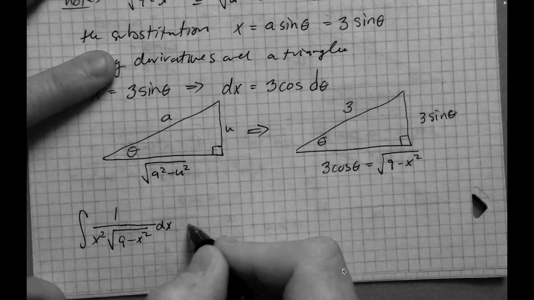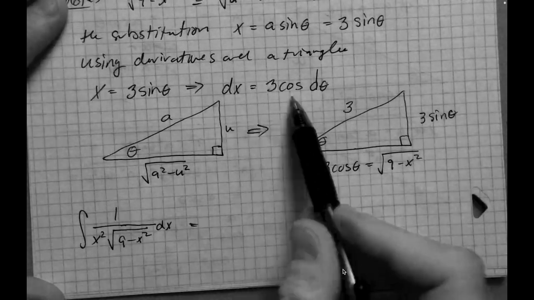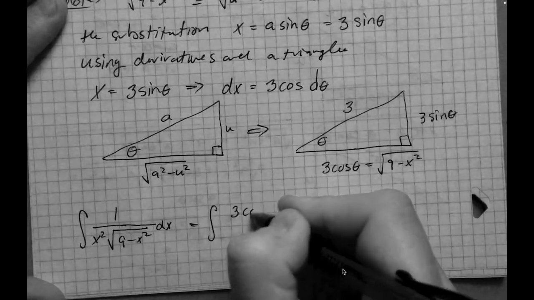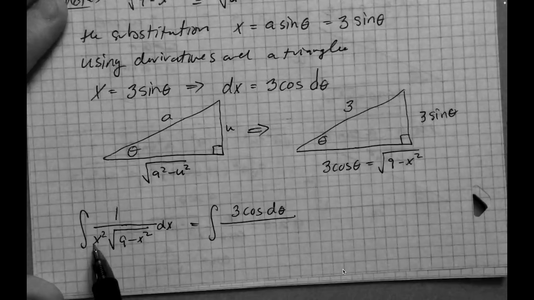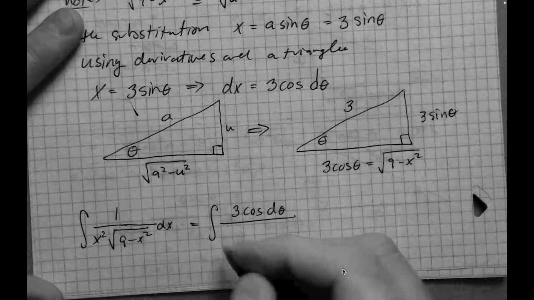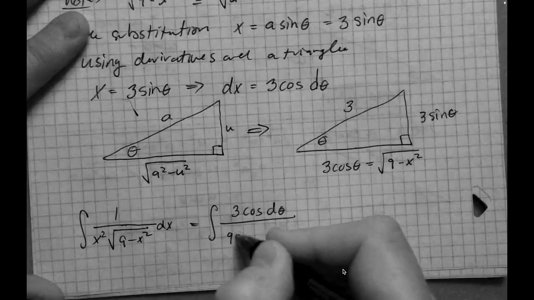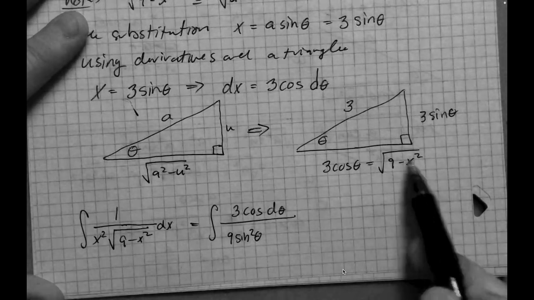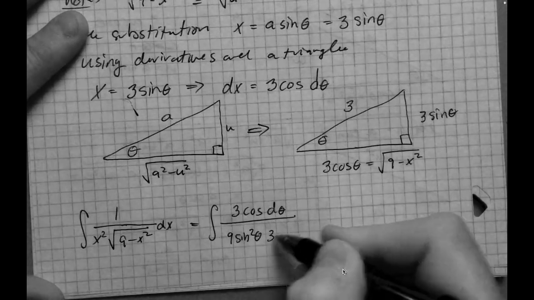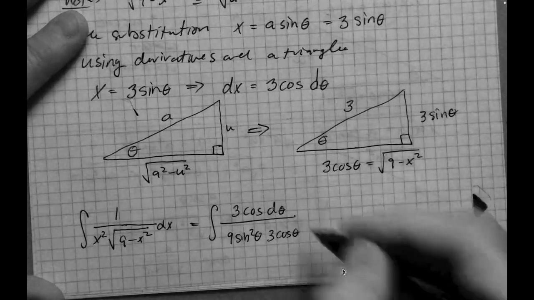So we've got a dx substitution, 3 cos theta d theta. What about x squared? Do we have an x squared substitution? Sure, we can just square this. That's going to be 9 sine squared theta. And then the square root of 9 minus x squared is right here, so we've got another 3 cos theta on the bottom.